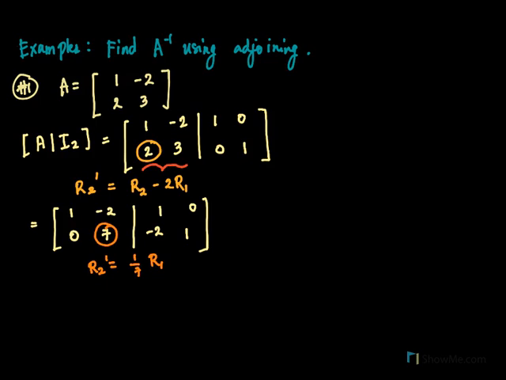So we'll have here 1, negative 2, 1, 0, 0, 1, negative 2 over 7, 1 over 7. Then lastly, okay, we need to apply another row operation para mag-0 itong portion na to, negative 2.